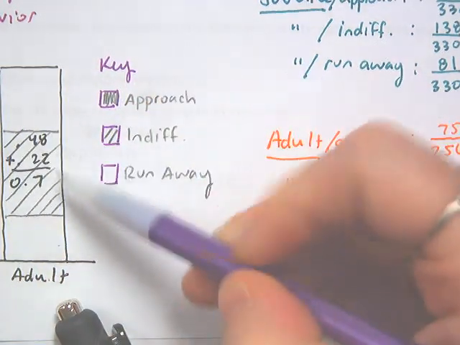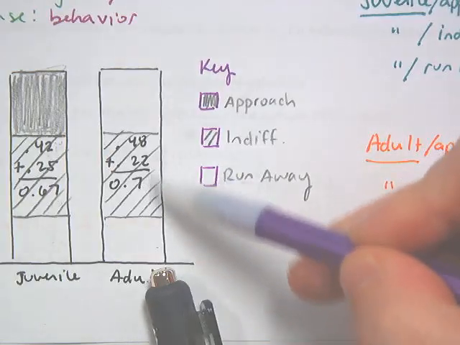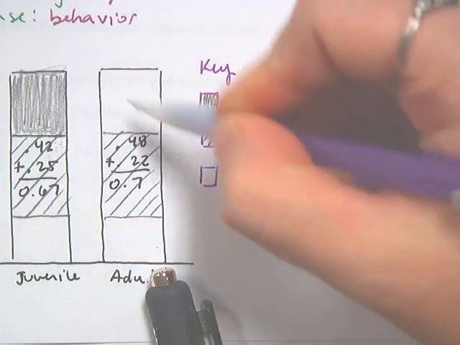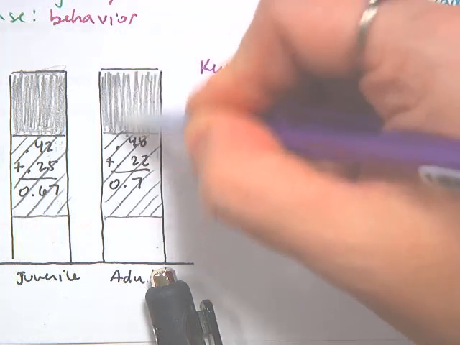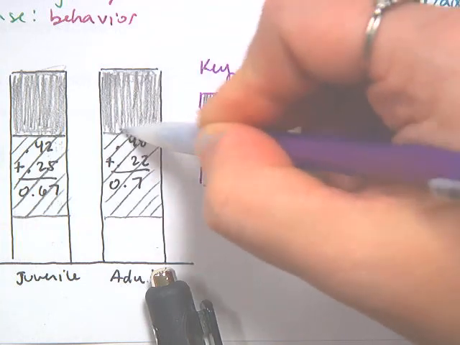If you're doing this for your homework, you don't have to show the math in the bar like this, but I'd like it for you to put it in your notes. All right, we've got all the little squirrelies represented here.